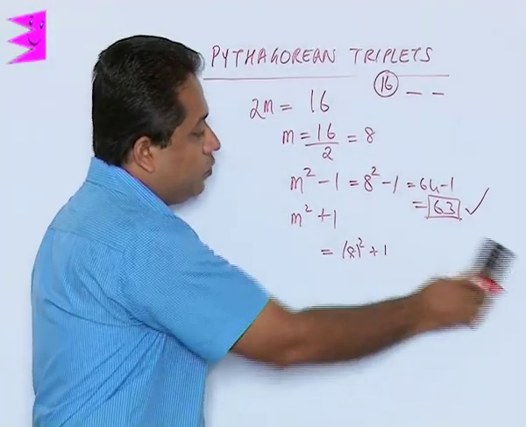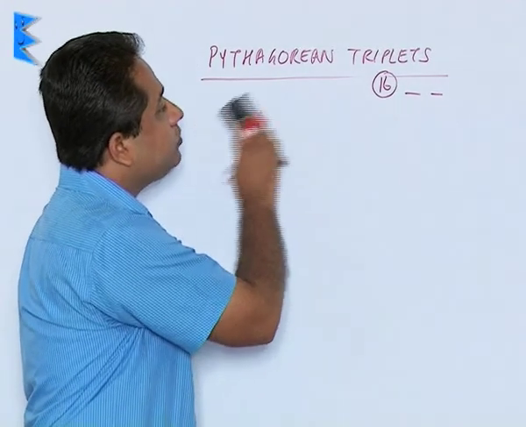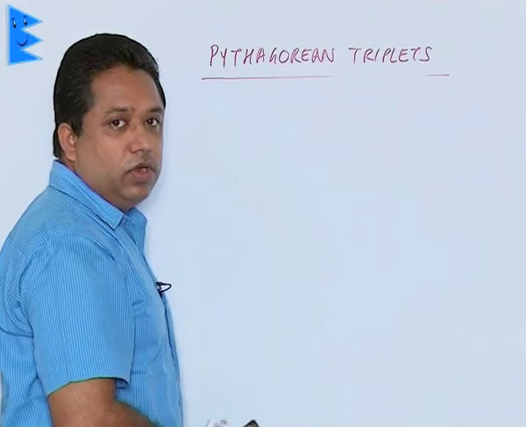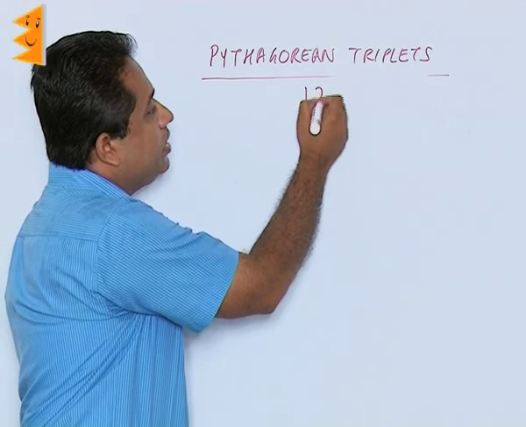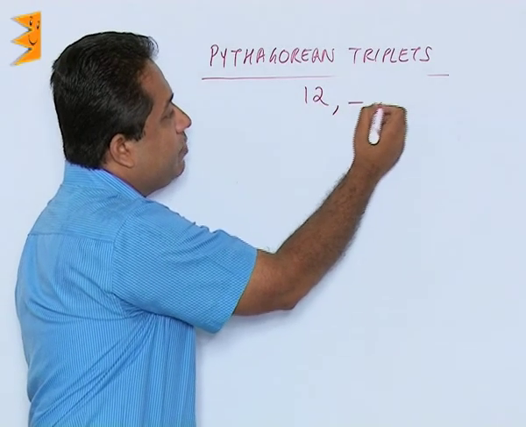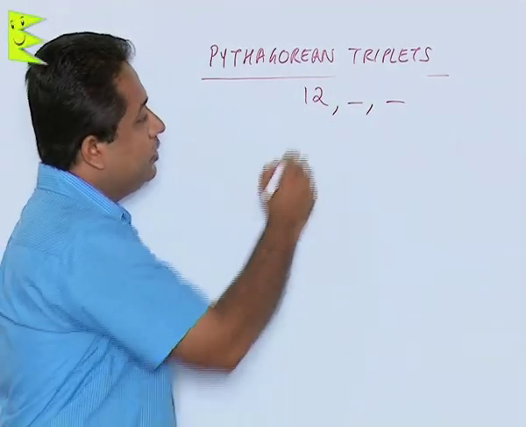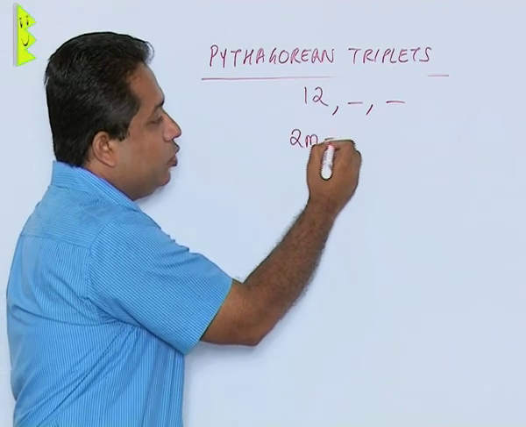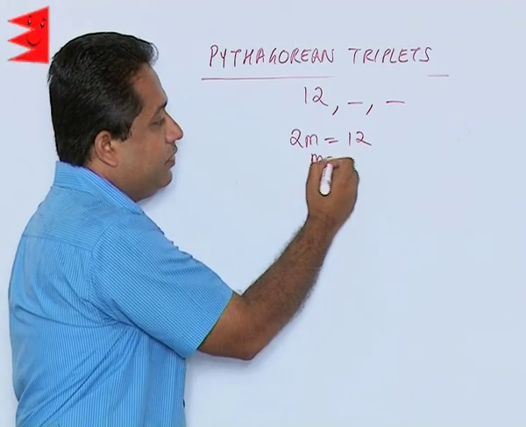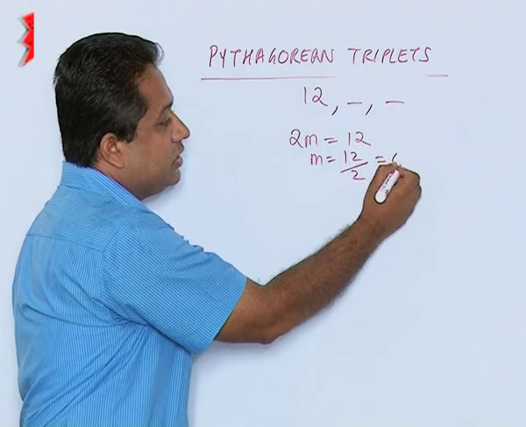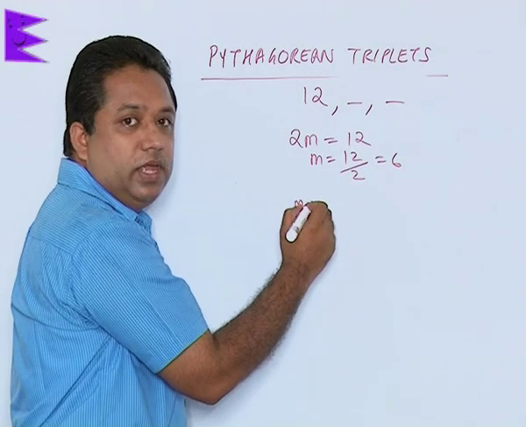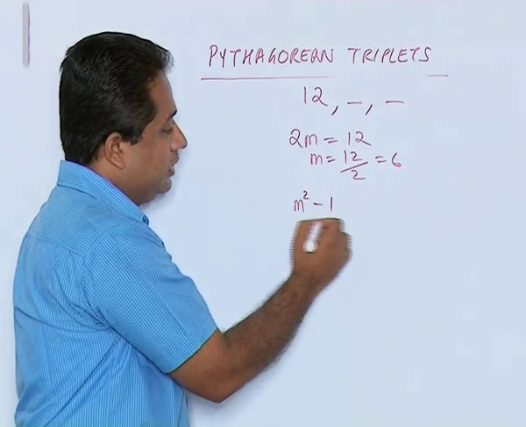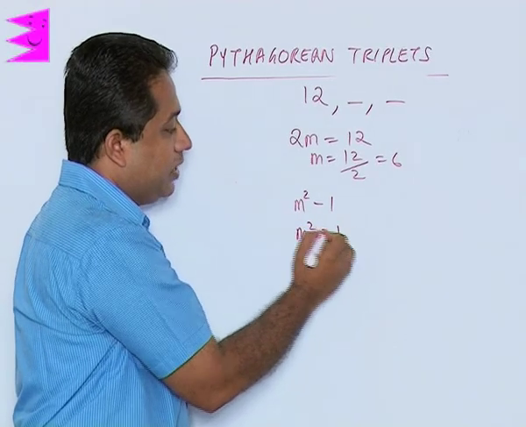Let us say one number given is 12 and the others have to be found out. So, one member is 12, find out the other members of the Pythagorean triplet. So, using the same strategy, 2m is 12, m is equal to 12 upon 2, that is 6. Second number will be m square minus 1, third number will be m square plus 1.